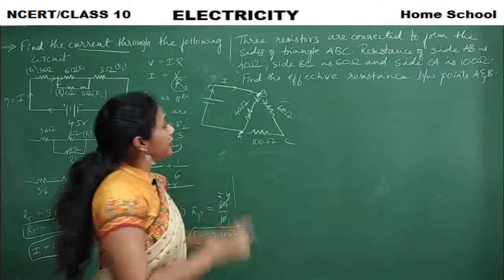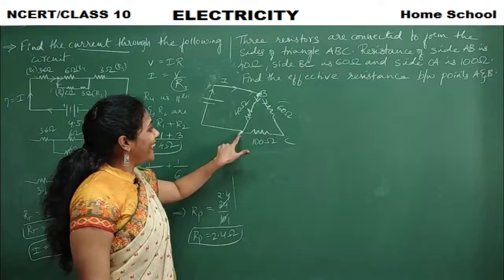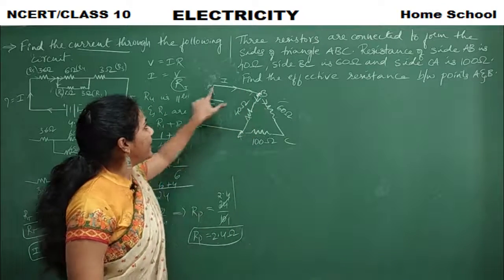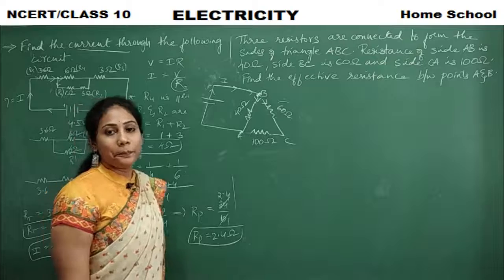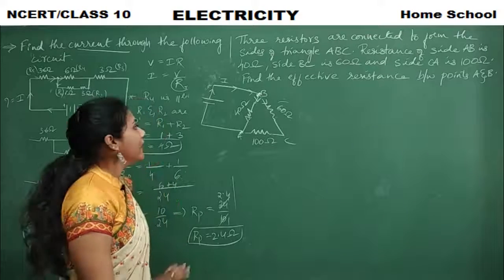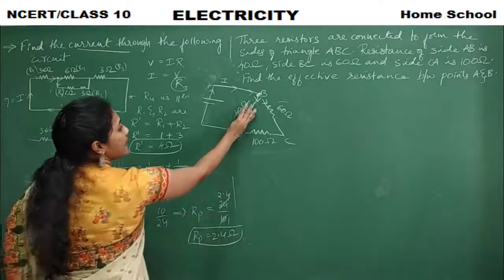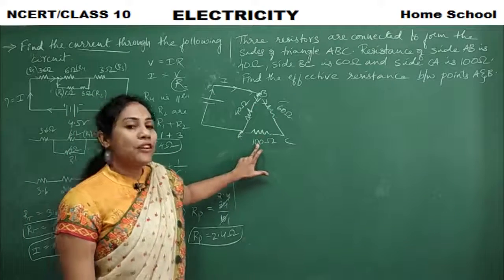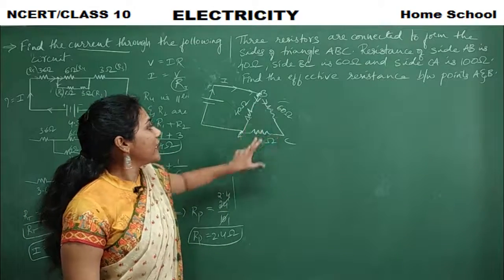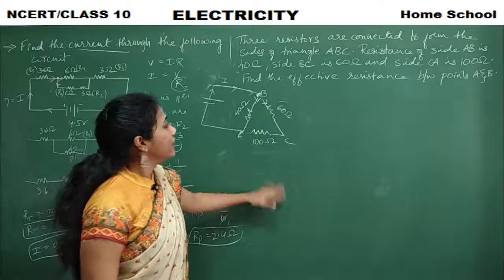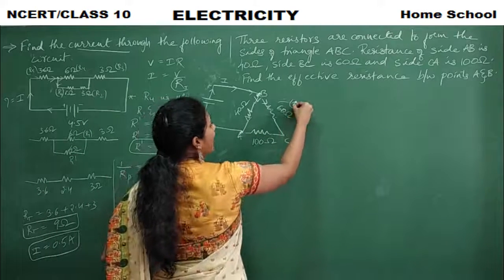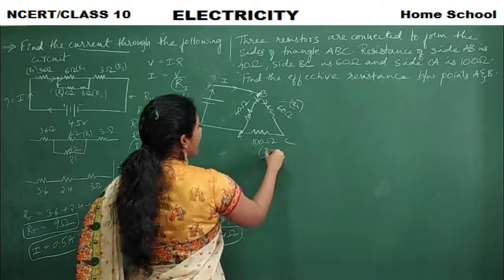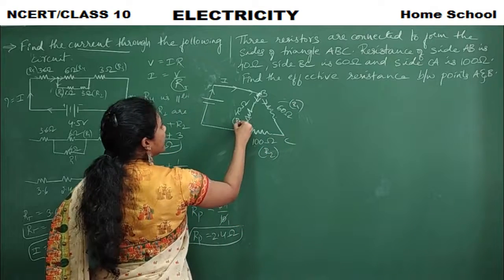Framing a circuit is very important, guys. So between points A and B, I have connected a battery. Clear? Fine. Now you all know this is parallel to these two, but these two are in series, no? First finish off that. Let me take this as R1, this as R2, and this as R3.